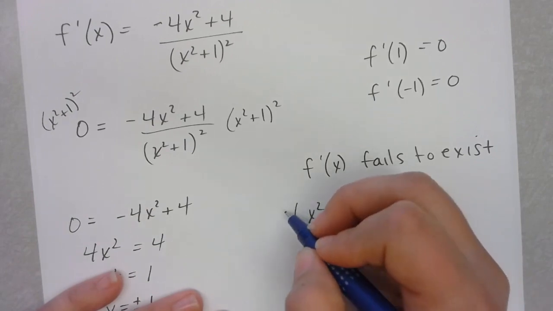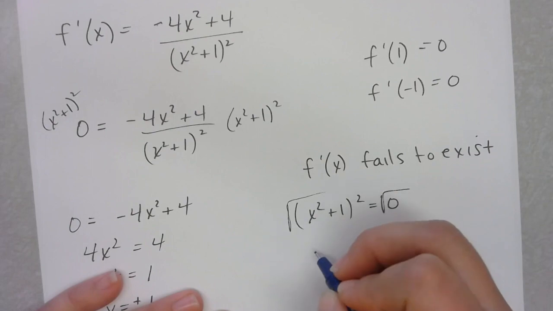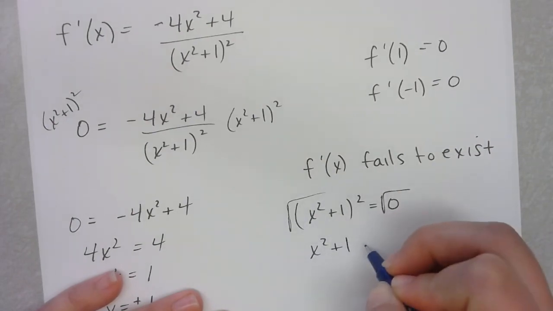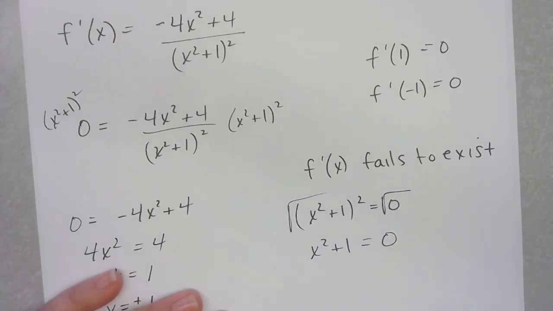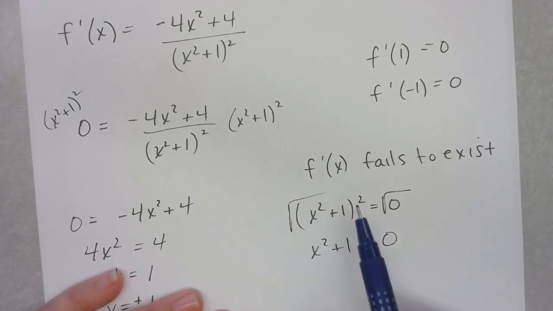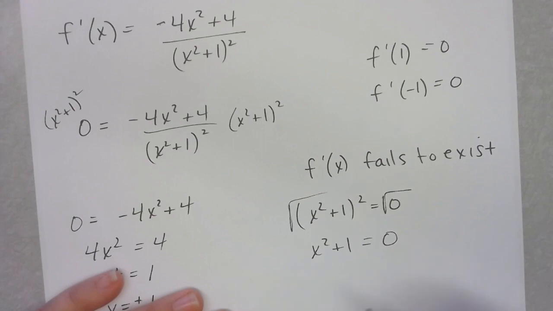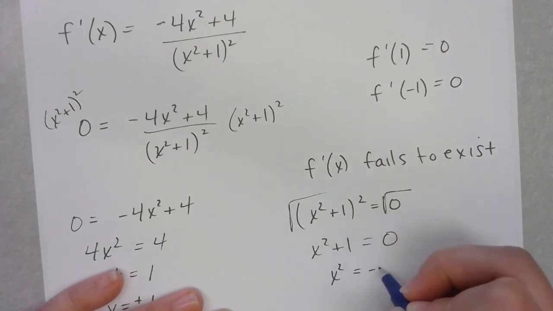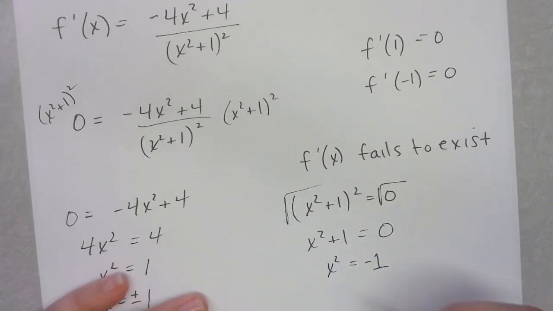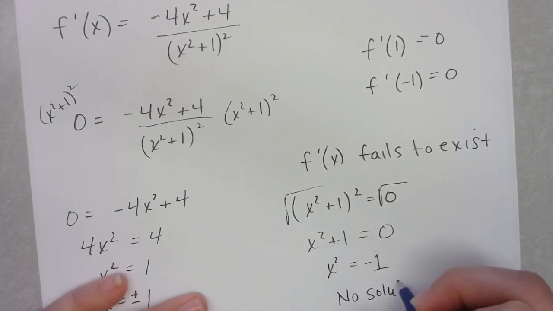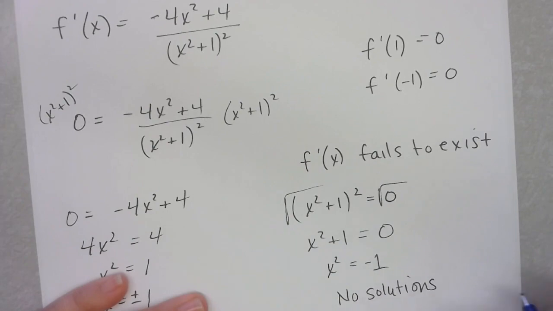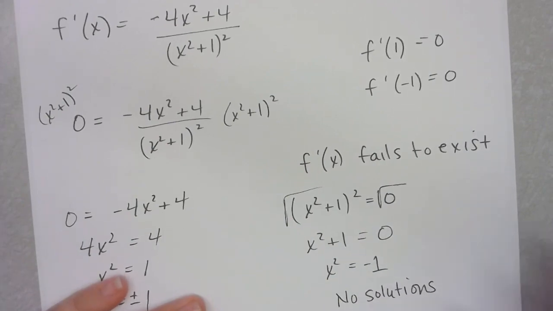So I'm going to take the square root of both sides, right? And so I get x squared plus 1 is equal to 0. You're just going to see me, for the most part, drop the power because this happens every single time. So then I try to do x squared equals negative 1, and there's no solution here. So there's no places where my first derivative fails to exist.